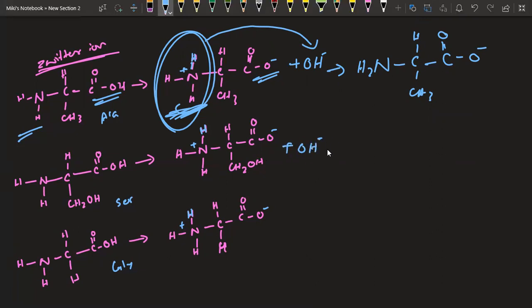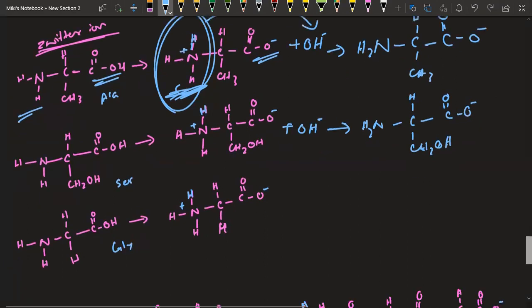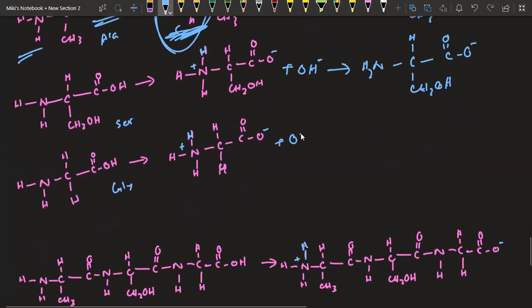Now, similar things go for here. OH minus is added. Who is going to lose H plus? Since this is base, NH3 plus is going to donate an H plus, forming NH2 having H, CH2, OH, and COO minus. Finally, we have glycine. Glycine is also doing the same thing. When OH minus is added, it forms NH2, CH, and there is an H and COO minus.